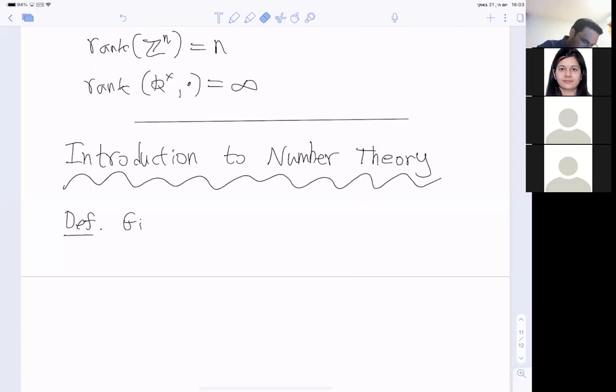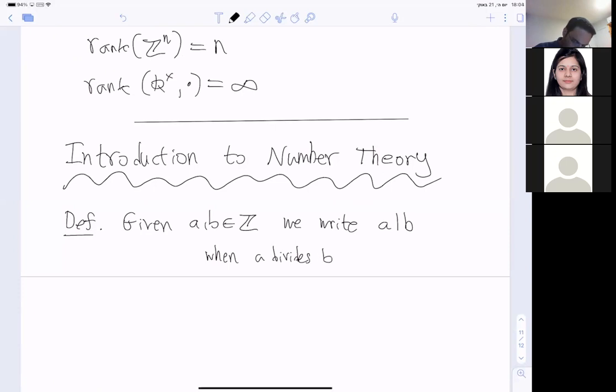Given two integers, A and B, we write A divides B like this, meaning that there is another integer, not 0, such that B is QA.